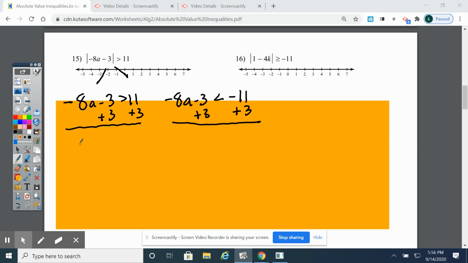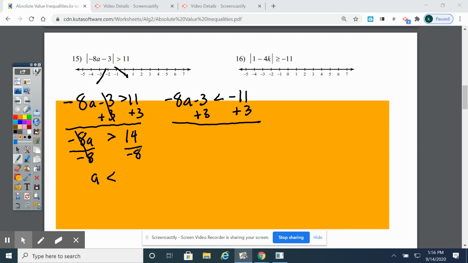From left to right, the -8a comes down. The 3's cancel, and that is greater than 14. So now we're going to divide by -8. And here's that new thing I was telling you about. If you divide by a negative number, your arrow is going to change directions. The -8's cancel, so a is still there.